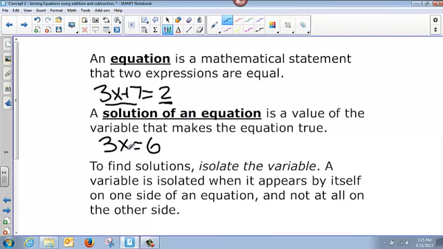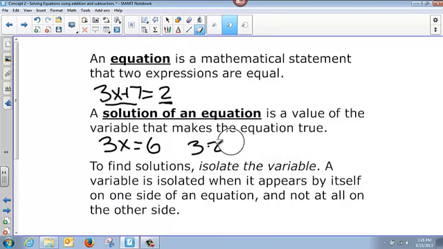So I get 3 times 2 equals 6, so therefore x equals 2. This is the solution to that equation. The value 2, when I plug it in here, I get 3 times 2 equals 6, and 3 times 2 does equal 6. So therefore, 2 is the solution to the equation.